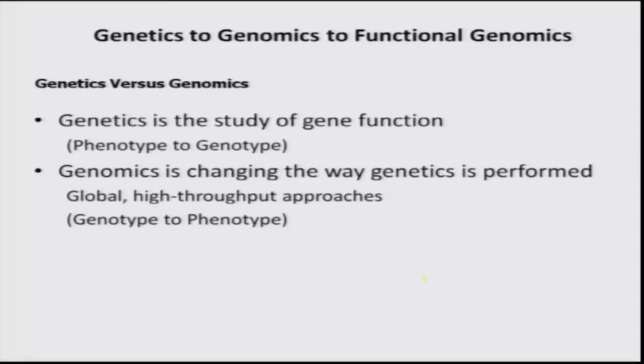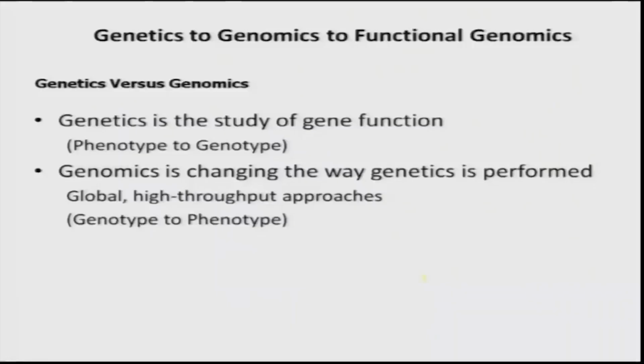Genetics is a study of gene function. So, normally if you look into the classic Morgan model, you have looked at the phenotype and tried to map it to a region of the genome, and then find the gene and then say this is what it is. Genomics has changed the way, because now you have understood all the genes, as to how many genes are there, what kind of protein they can code for, but what you do not know is what is the function.